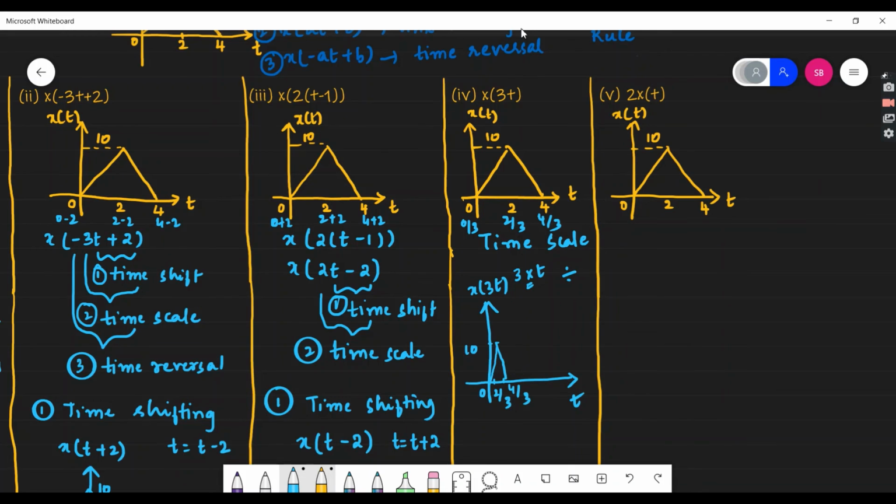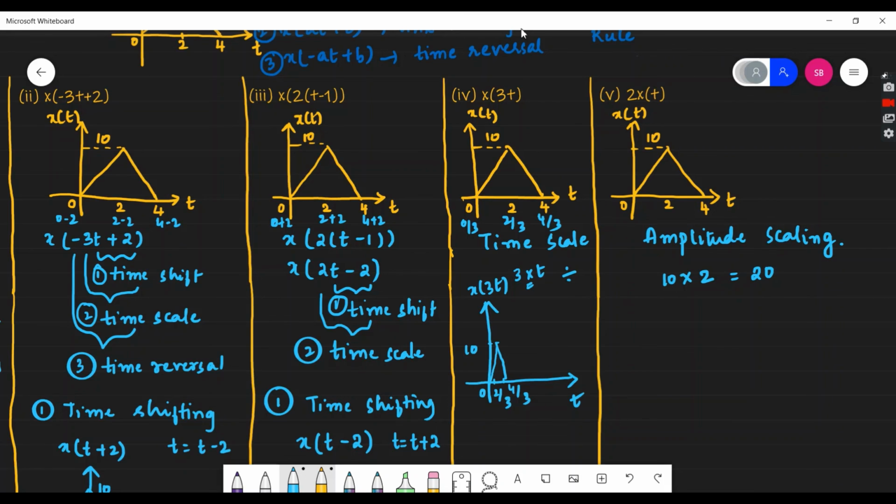Last it is 2 into x of t. Here, if you see, the constant term is not multiplied with t, but in turn it is multiplied with the whole x of t. So this kind of operation we call amplitude scaling. The amplitude is 10 now and it has to be scaled. So into 2, the amplitude of x of t is 10 into 2. 2x of t I want, so it will be 20.